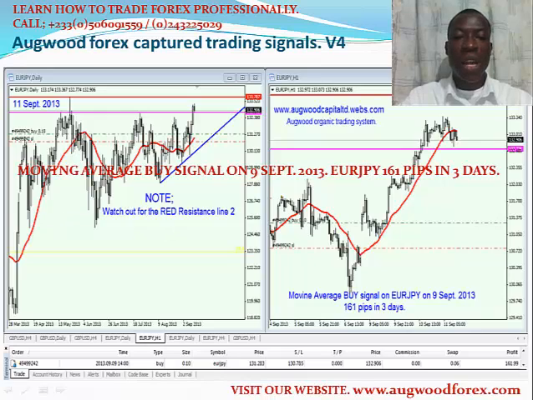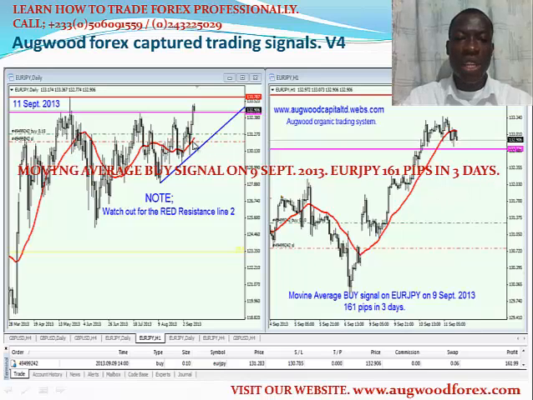Now at this section, this is a moving average buy signal on 9th of September 2013 on the Euro JPY currency pair. This signal made 161 pips in 3 days.